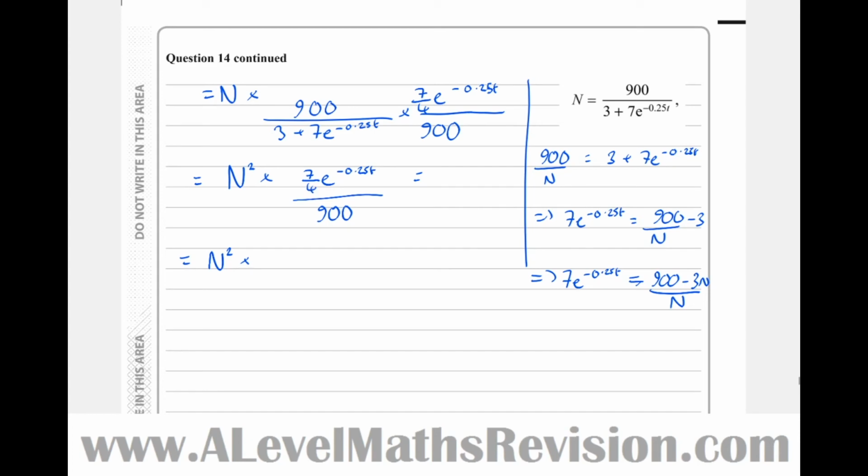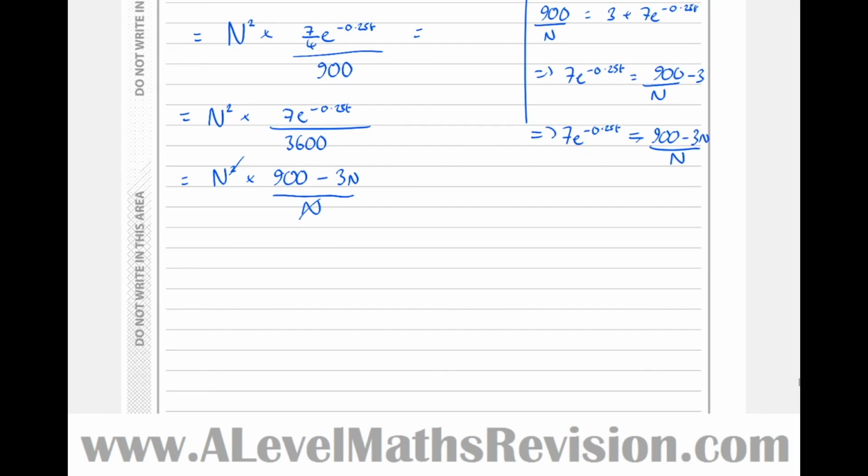So 4 times 900 is 3600. So 7e to the minus 0.25t over 3600, which is equal to n squared times, in the numerator, (900 minus 3n) over n, times 1 over 3600. So that denominator there is the 1 over 3600.